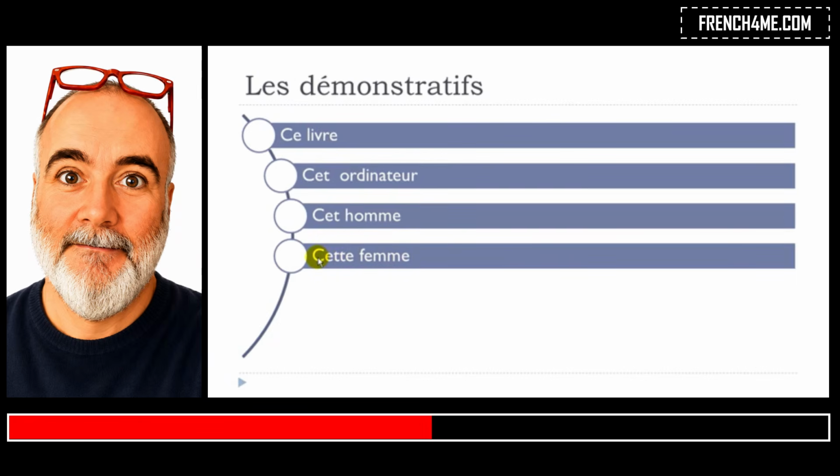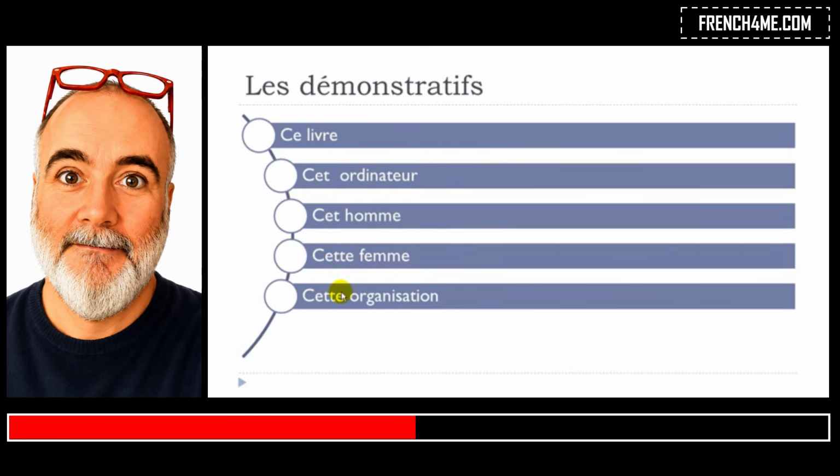No problem about that because we've got only one option for this at the feminine form, and it's cette, written like that. Cette femme. Same thing here, if you've got a word like organisation, well, it's the same in English. So it starts with a vowel, but it doesn't change anything for the feminine demonstrative here, okay? Cette organisation.